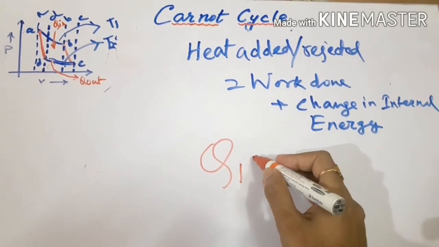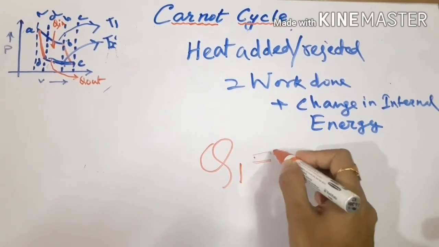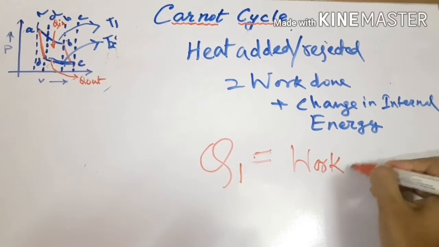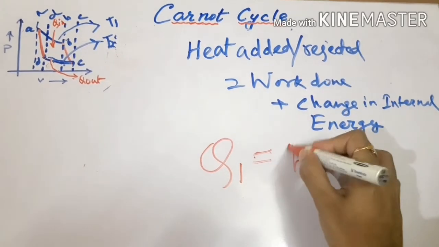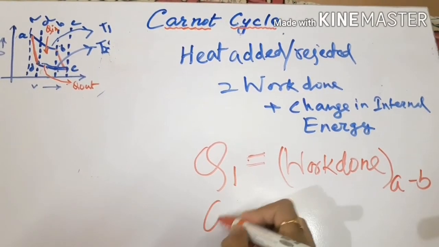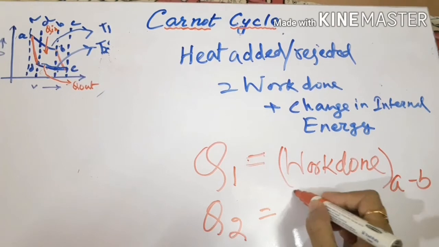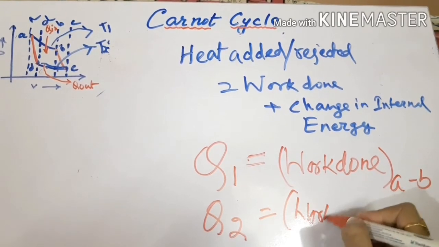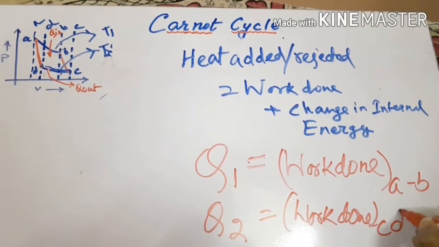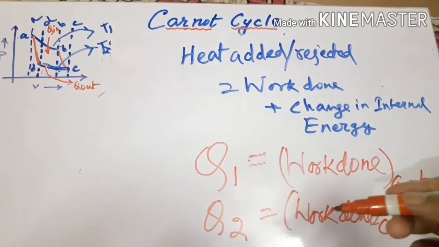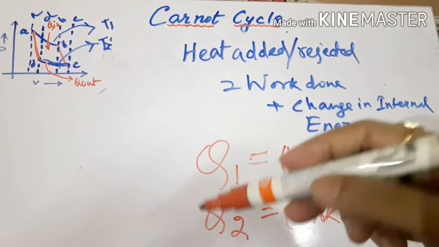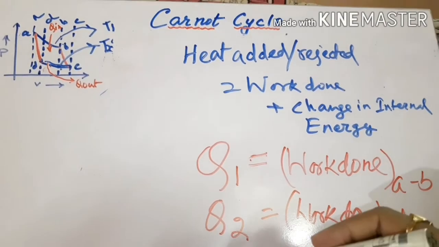So the heat added, that is Q1, is equal to the work done over process A to B, or the heat rejected, that is Q2, is equal to the work done at process C to D. So that is why we are directly converting the heat addition to the work done and heat rejection to the work done.